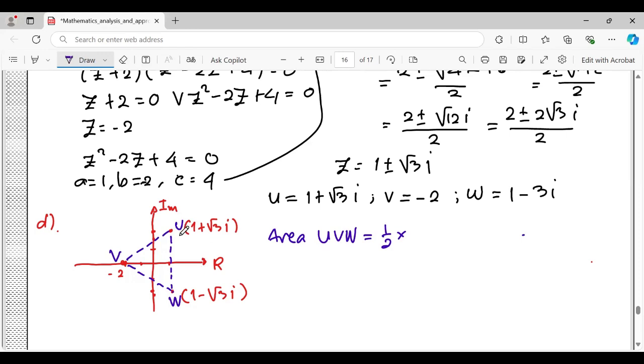The base is 2 square root 3. Okay, 1 to 1 plus 1 equals 2, so the height is 3. Half times 2 square root 3 times 3. Okay, so it becomes 3 square root 3 square units.